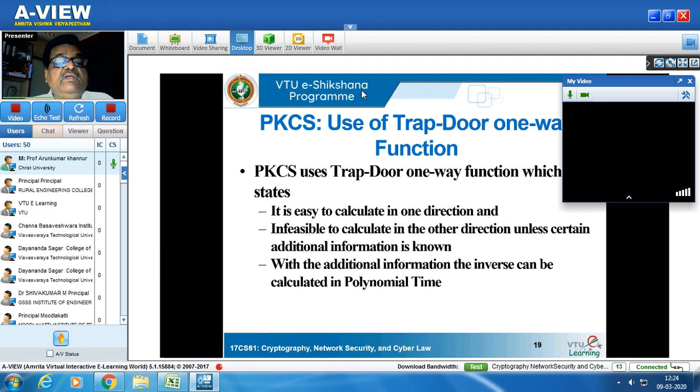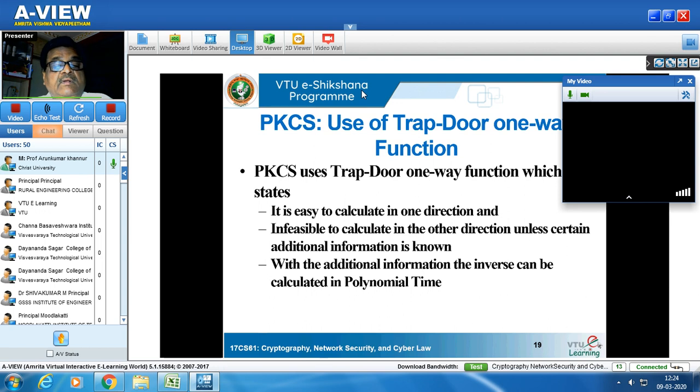If we are easily calculating on the encryption side, it is infeasible to calculate in the other direction unless certain additional information is known, meaning the decryption becomes difficult. It takes more time, more effort, and requires a higher level of mathematics.